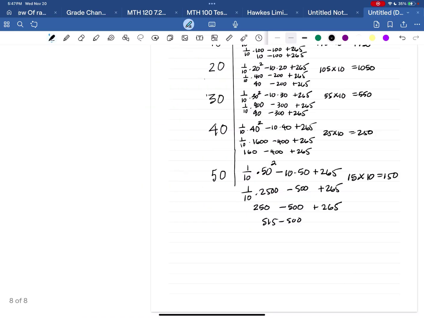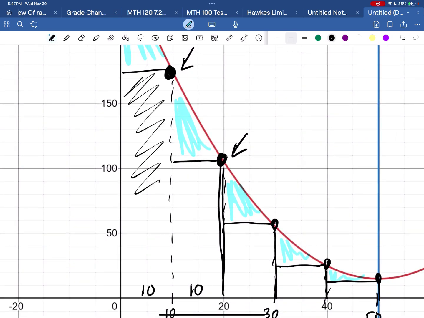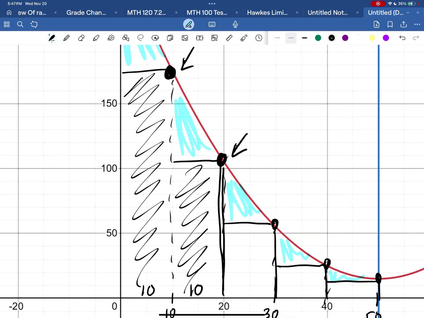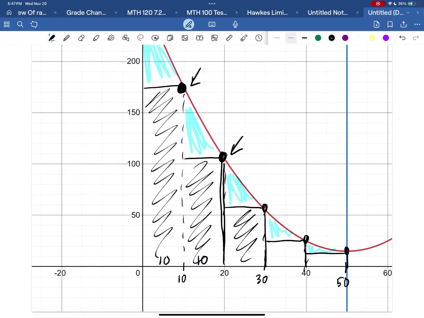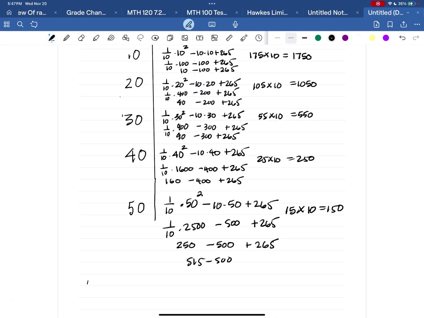So this time the area here, here, here, and here is 1750 plus 1050 plus 550 plus 250 plus 150.